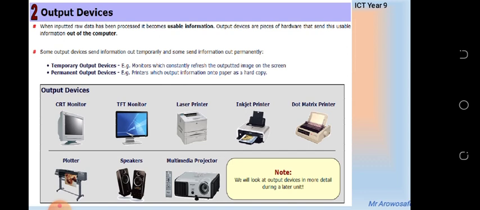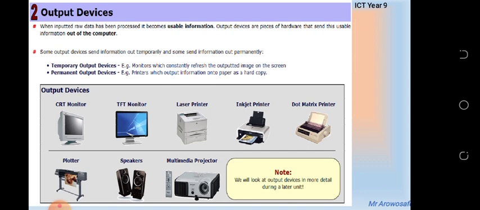So don't forget that some output devices can send information out temporarily, and some can also send information out permanently. What do I mean by that? I will explain. Temporary output devices, for example, monitors. Your monitors constantly refresh the outputted image on the screen. Not only image, even your document.